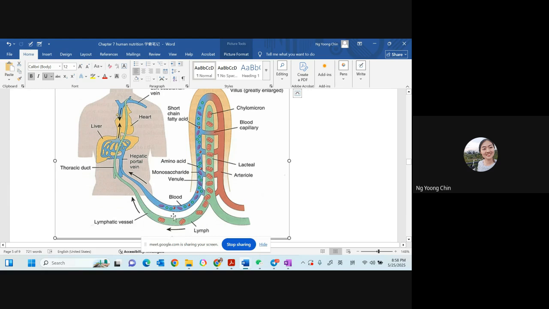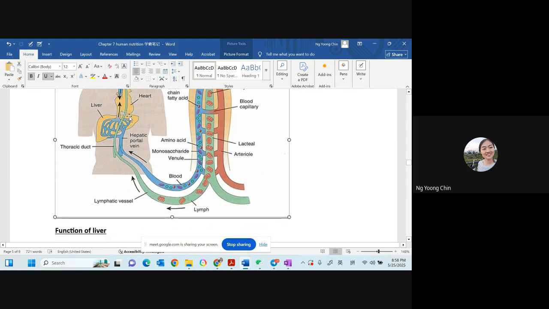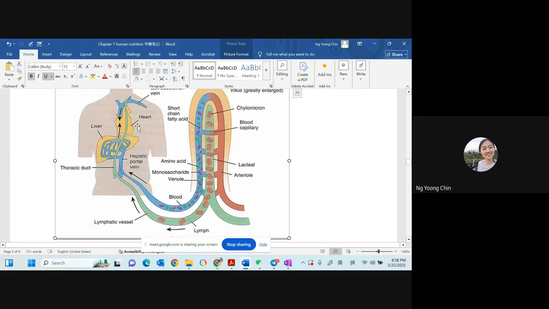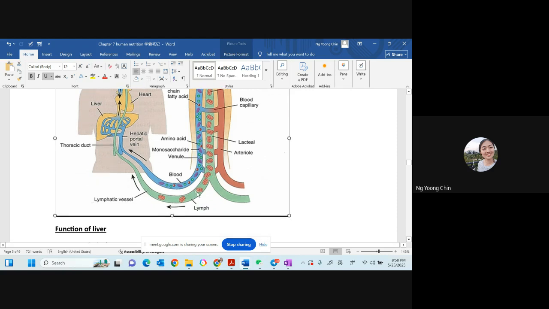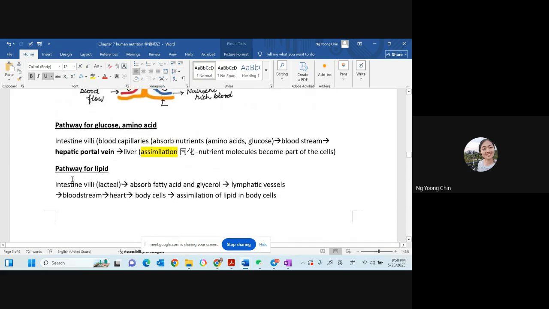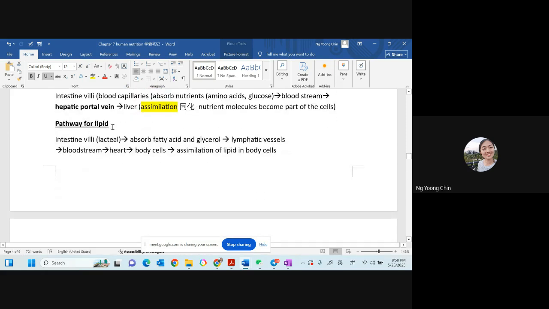However, in the lacteals, they will become lymph, and then they need to be transported back to the heart. From the heart, they will be transported to all body cells. So this means that for lipid, they do not undergo assimilation in the liver, but they undergo assimilation of lipid in the body cells.